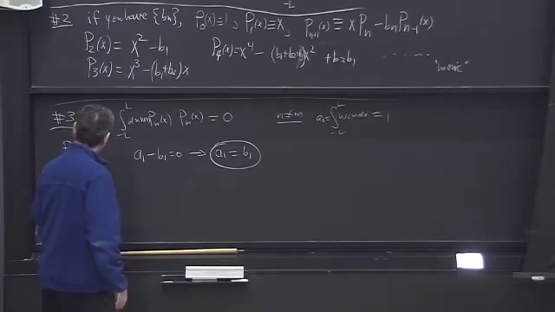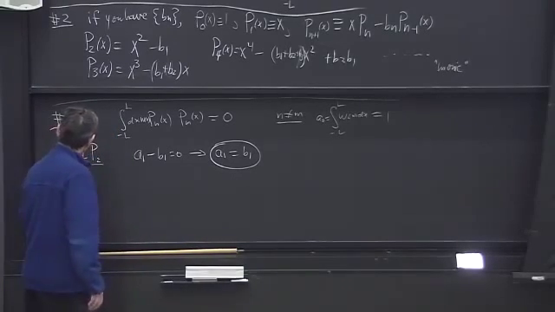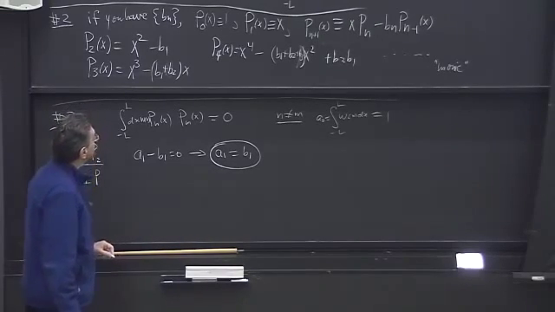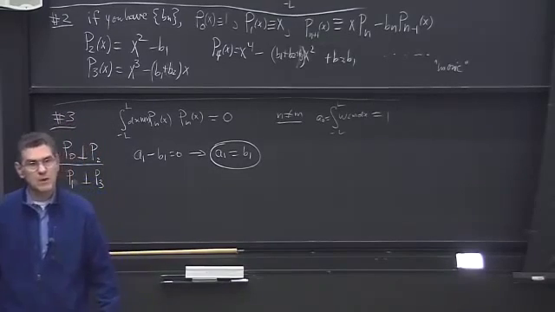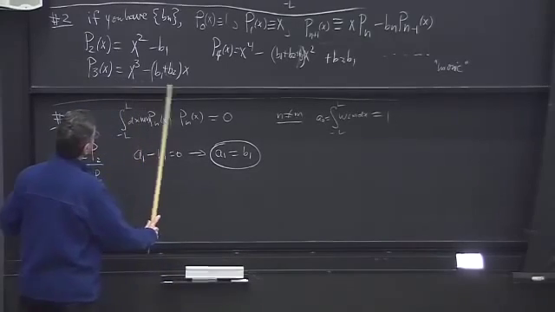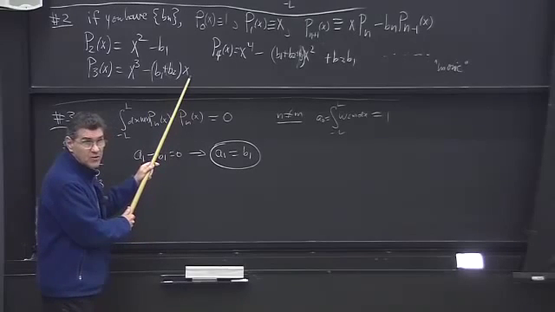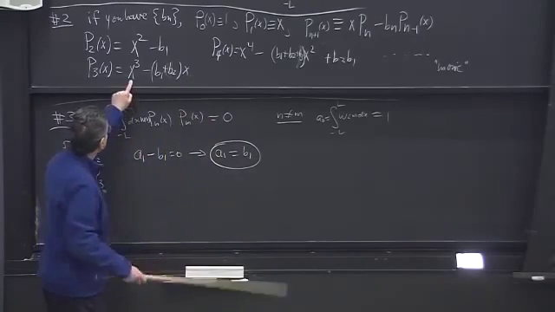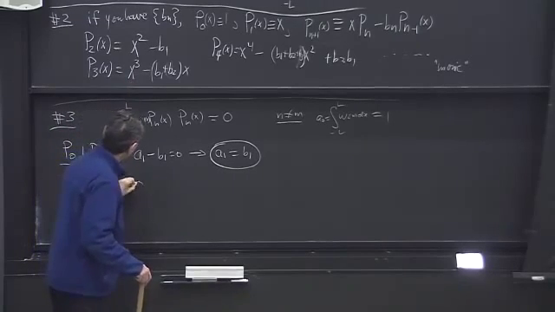Good. So what's another requirement that we can place on our polynomials? What if we require that p1 is perpendicular to p3? That's a simple requirement. So we take p3, we multiply by p1, which is just x, and we integrate. The first term would be x to the 4, and the integral of x to the 4 is a2.